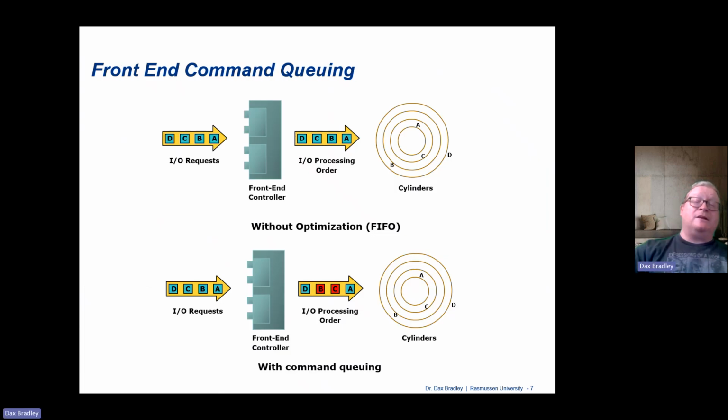The I/O requests come in to the front-end controller, and they're processed for I/O processing and sent out to the disks. With command queuing, you're able to take the data and rearrange the processing order depending on the needs of that particular transfer.